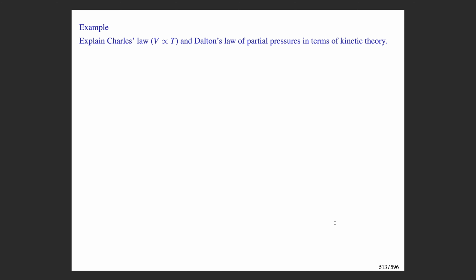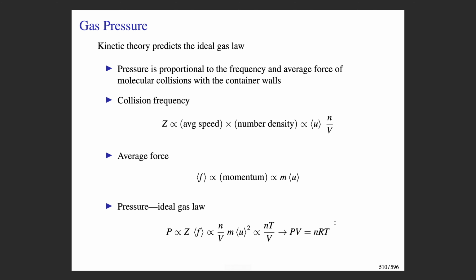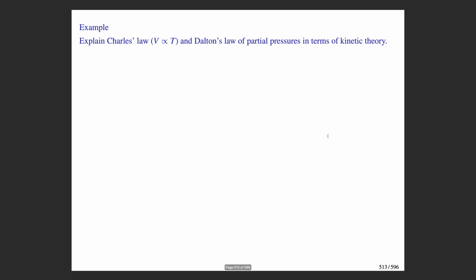If we look back at the equation here, in order to keep the collision frequency the same, you would need a larger volume if you increase the temperature. When you increase the temperature, that's going to cause the speeds to go up, which would tend to make the pressure increase. In order to keep the pressure constant, you would have to compensate for the increase in average speed by making the volume larger, which would then reduce the collision frequency. So that's how you would explain Charles' law.